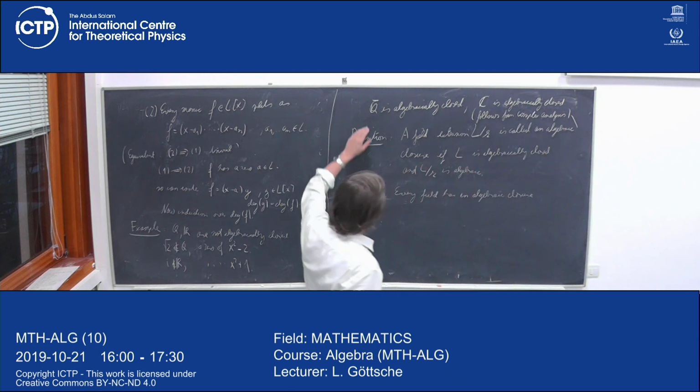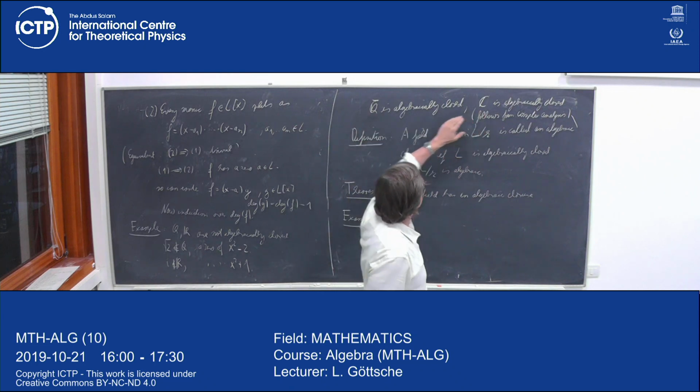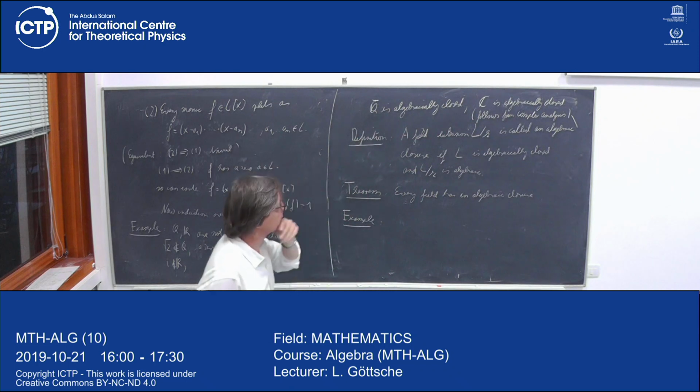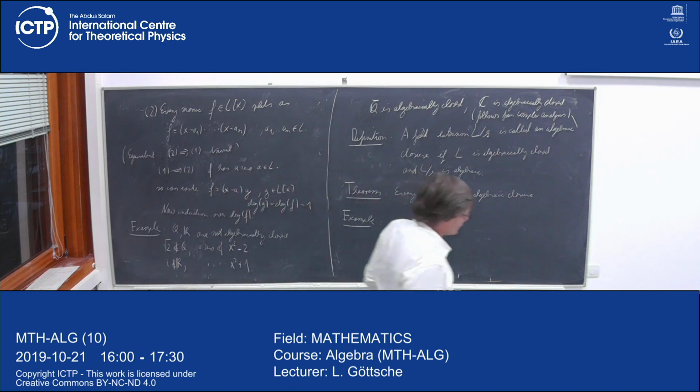And so therefore, if C is algebraically closed, then from this it follows that Q bar is algebraically closed. There is no way to prove this with algebraic methods. Well, I don't know, maybe, in some sense, well, I wouldn't say that.